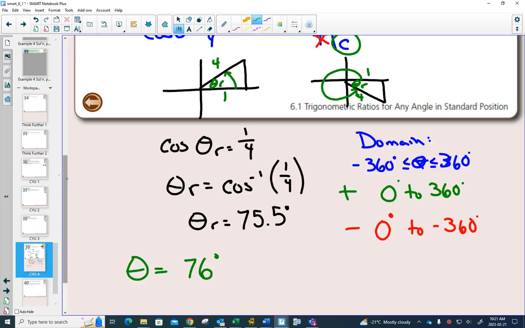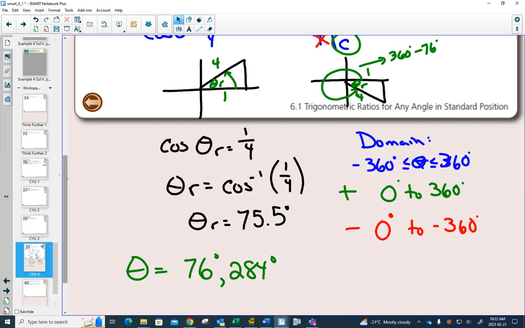But the one in quadrant 4, if I know that this is 76 degrees, does it make sense that I could figure this one out by doing 360 degrees minus my reference angle of 76 degrees, and what I would have left is that angle. So I go to my calculator again, and I would get 284 degrees.